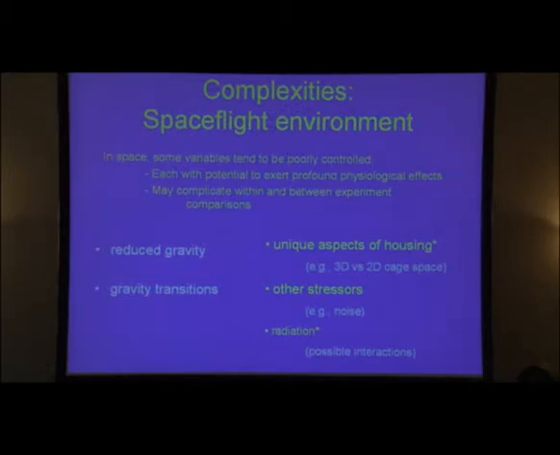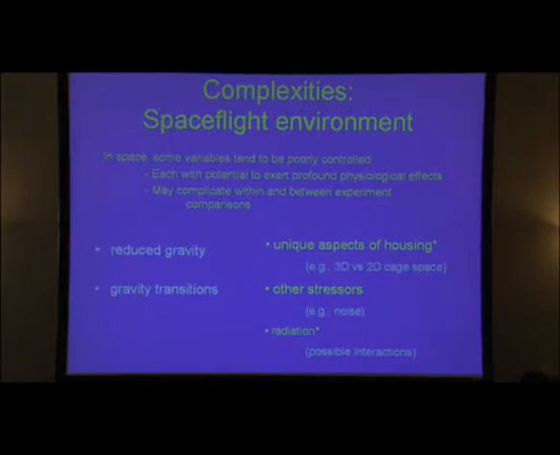So in terms of practical aspects, there are complexities to the space environment. I'm only going to mention a few because of the impact on interpretation of previous results and thinking about experimental design for future experiments. There are some variables in space, some independent variables, many of which tend to be rather poorly controlled, or at least we wish they were better controlled.